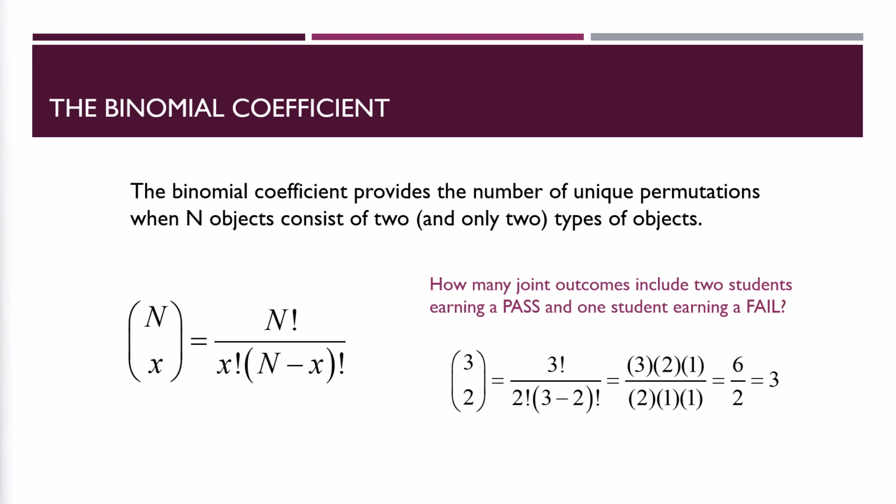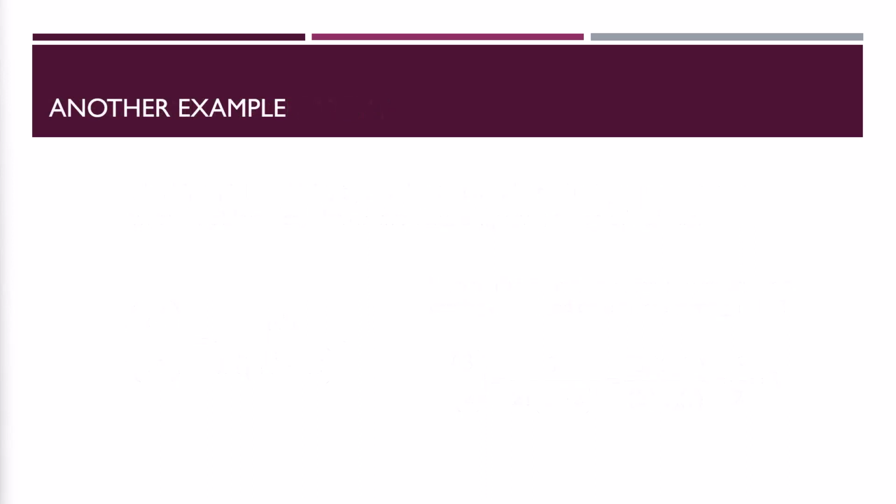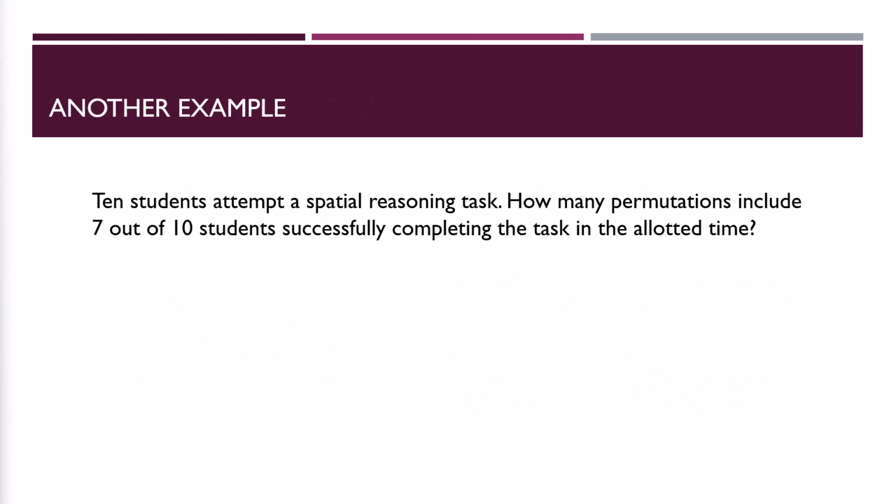Here's another example that shows how we can use the binomial coefficient to eliminate some of the difficulties of counting. 10 students attempt a spatial reasoning task. How many permutations include 7 out of 10 students successfully completing the task in the allotted time?